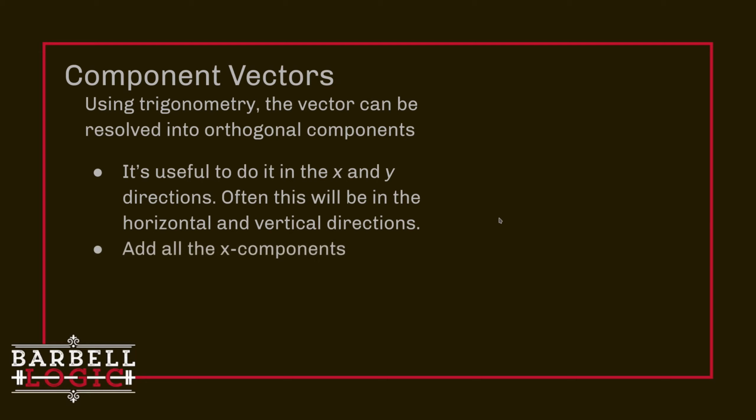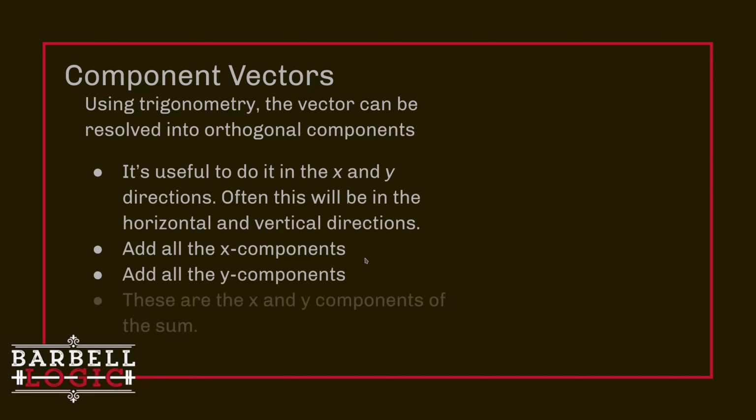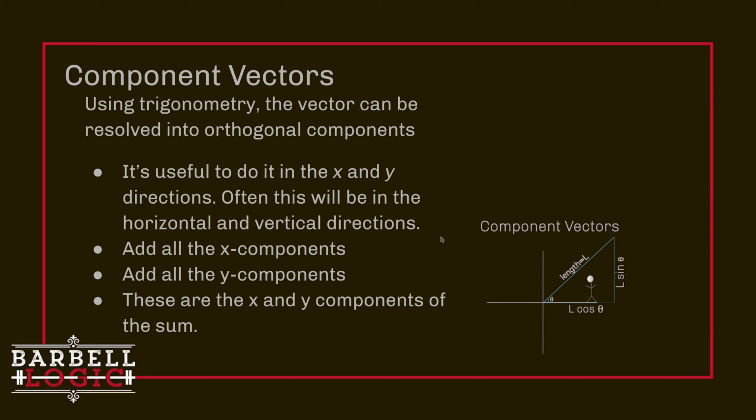And what you do when you're adding vectors, you add all the x components, and you add all the y components. And these are the x and y components of your resultant vector. So you just add up the x components, the y components, and you get the x and y of your sum. And so here's this vector of length L. Well, the components are real easy.